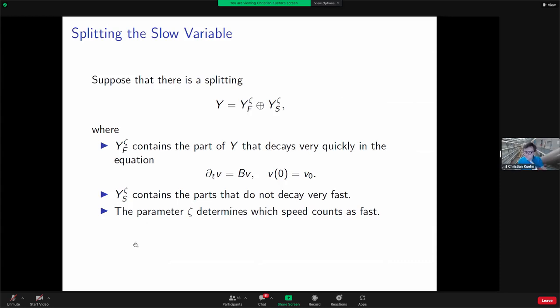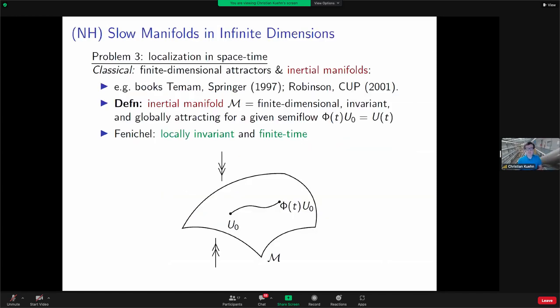But for at least reaction diffusion, for many things on the line at least, and when you have a spectral gap condition, you can get away with 2. Namely, one parameter, zeta, that will control where you do the cutoff, and one, epsilon, that controls the small parameter that you started with. And we denote the projections onto these spaces by P_s and P_f, and you get the projected spaces Y_s and Y_f.